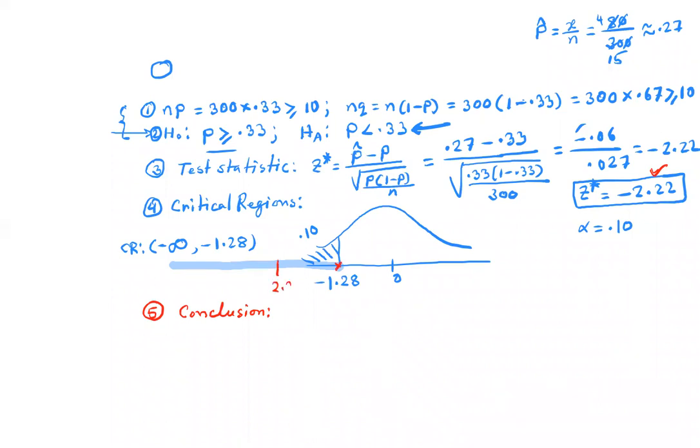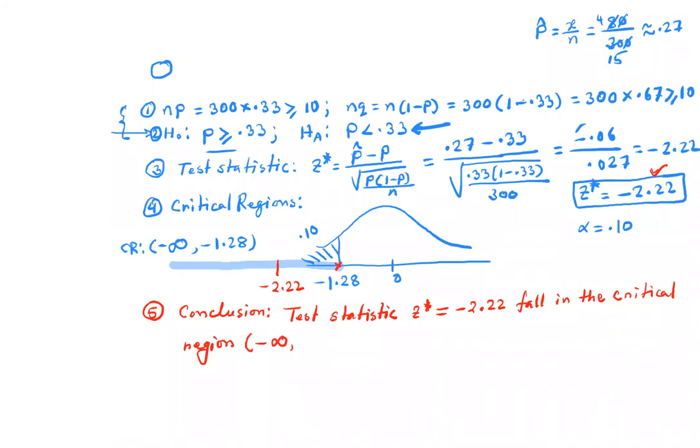So the test statistic Z star, equal to negative 2.22, falls in the critical region negative infinity to negative 1.28, right? It falls in the critical region.